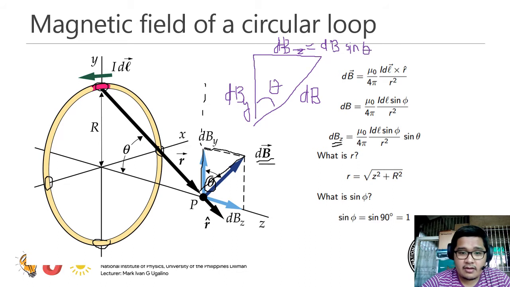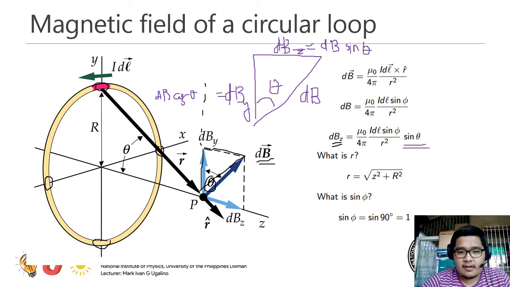In the same way, we can also write dBy in terms of this theta. That's just equal to dB cosine theta. That's the reason why we were able to write dBz in terms of this angle theta.